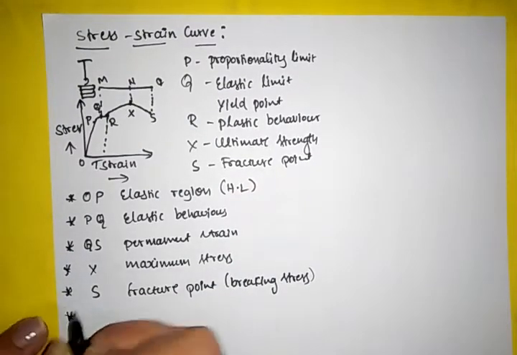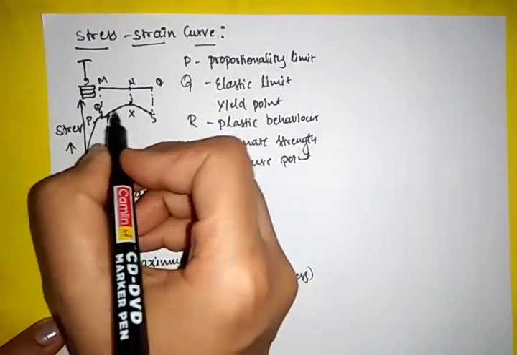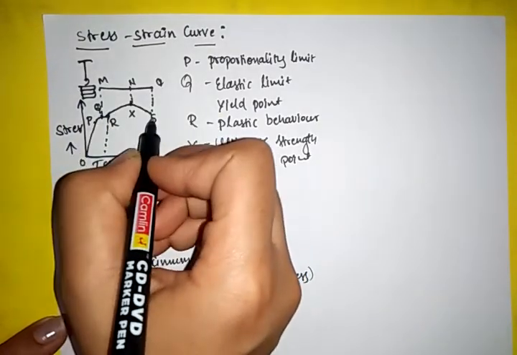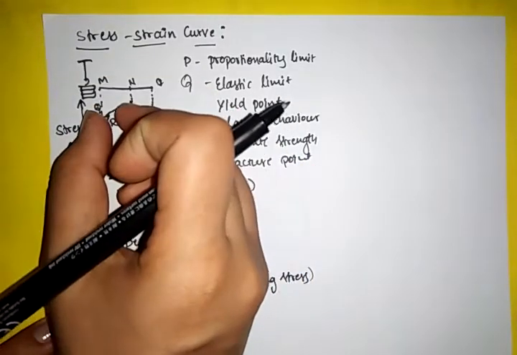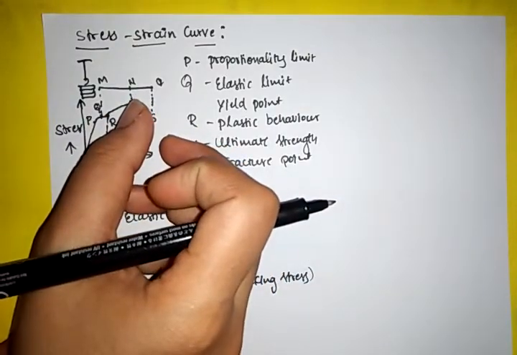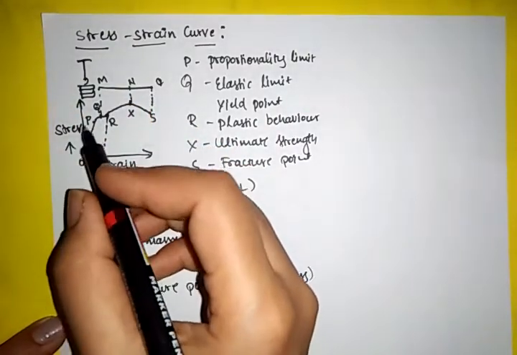The region between Q and S is divided into two sub-regions. What are those? QX and XS.